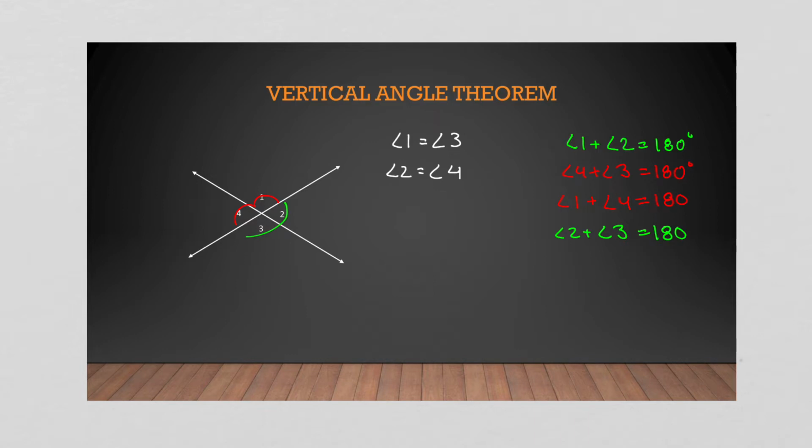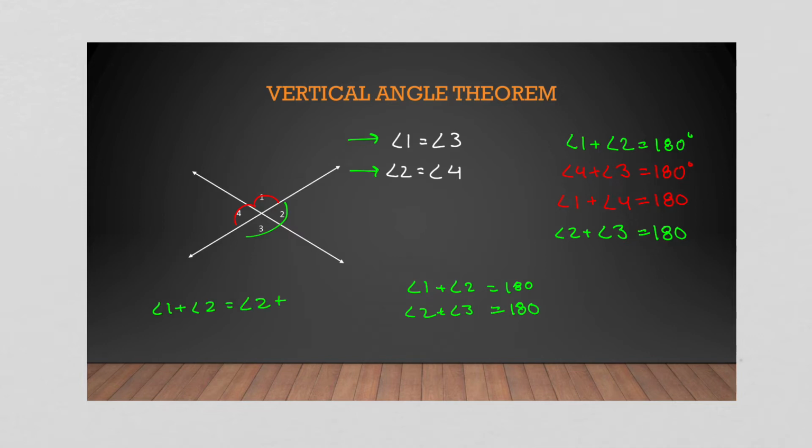What you can do in this scenario is set them all equal to each other, but really all we're trying to prove is either that statement or that statement. So I'm going to take angle 1 plus angle 2, my top line, is equal to 180 degrees. And angle 2 plus angle 3 is also equal to 180 degrees. And if they're both equal to 180 degrees, it means they're equal to each other.